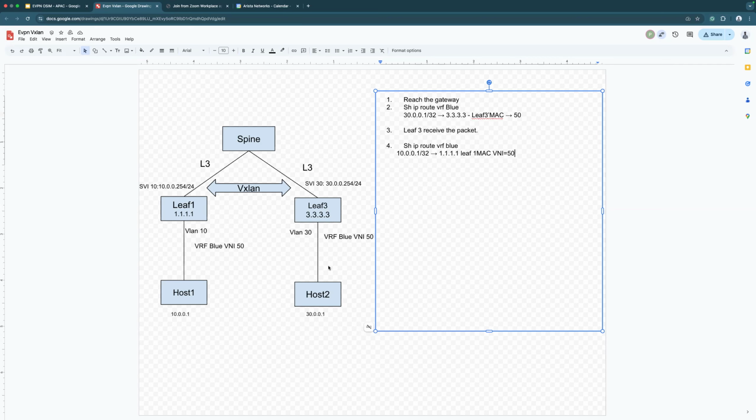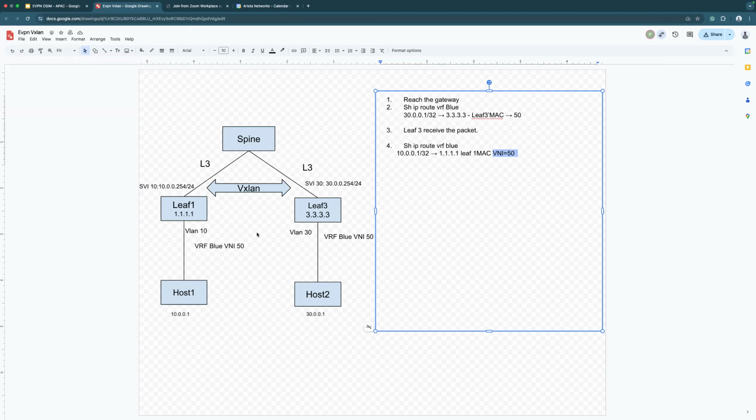We'll be using a similar logic in EVPN OSM, which is L3 multicast, and we'll see how things work there. So any doubts until now? The whole idea here is that we'll be using VNI 50 to achieve the communication between host 1 and host 2 in unicast flows.